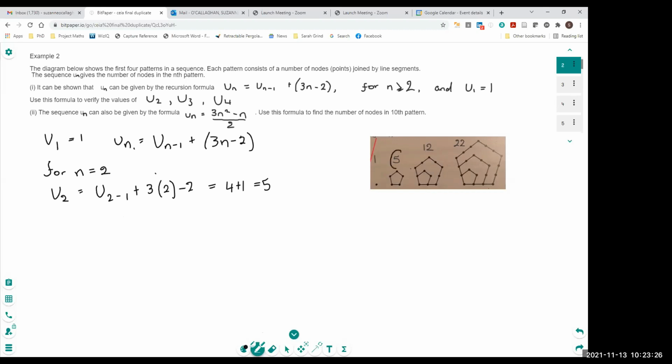See up here? That's what we would have expected the answer to be.